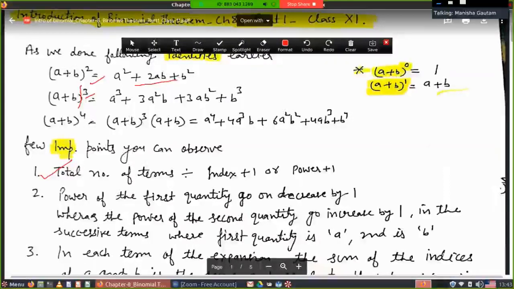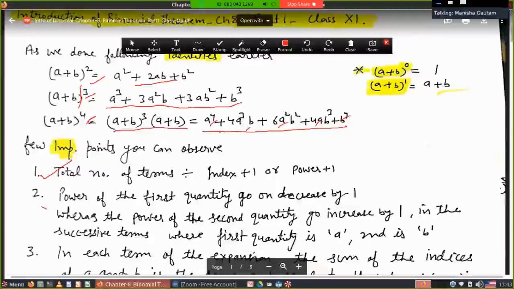When power is 3, or you can say index is 3, then you are getting 4 terms. If index is 4, then you are getting 4 plus 1, 5 terms: 1, 2, 3, 4 and 5. It means the total number of terms is index plus 1 or power plus 1. Power or index, you can use these two words for the power.